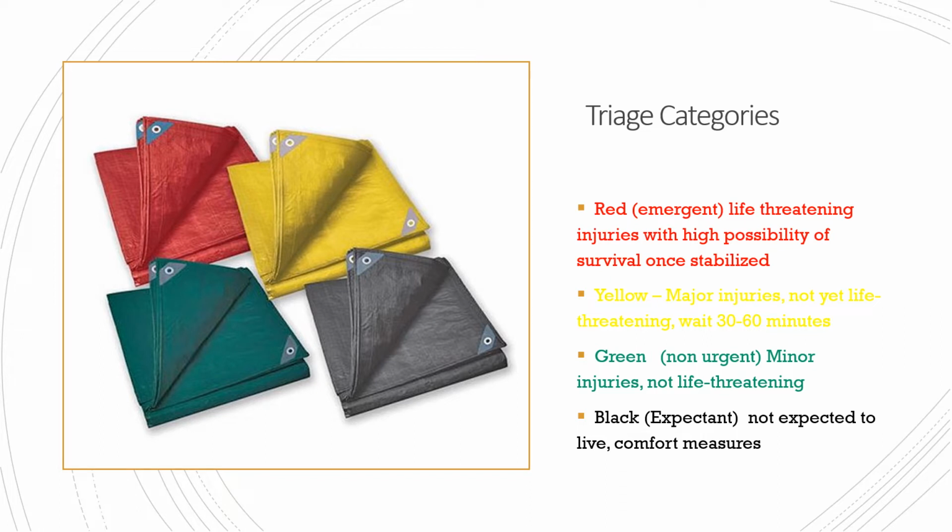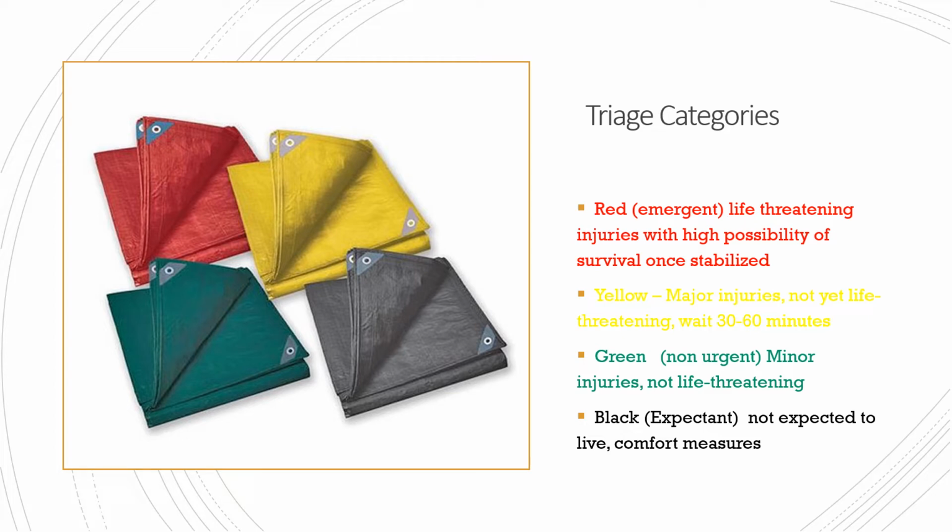In mass casualties, they have these cloths that they cover the patients with, and that's for quick identification, so that when they go through after they've made the initial triage, they know who goes where. So red is emergent. It's life-threatening injuries with a high possibility of survival once they're stabilized. So we're probably going to go and treat those red people first.